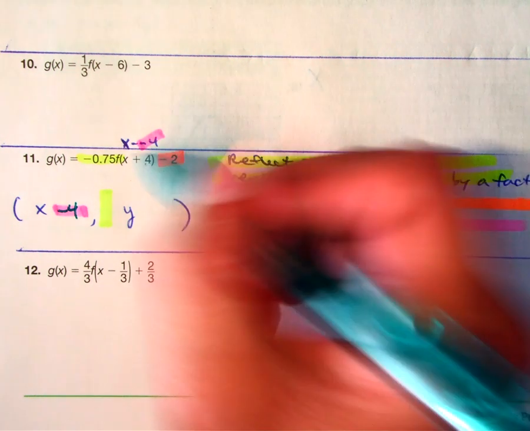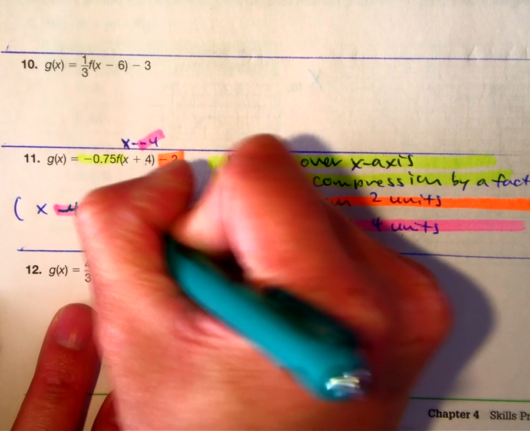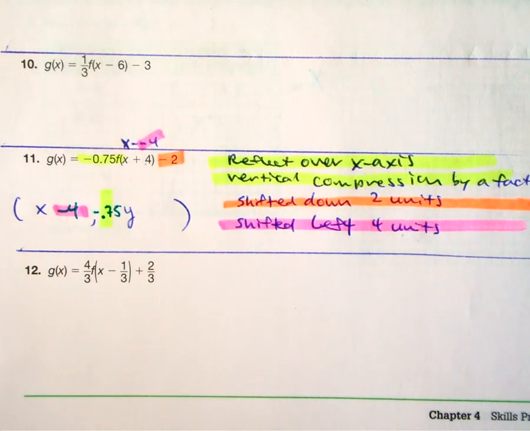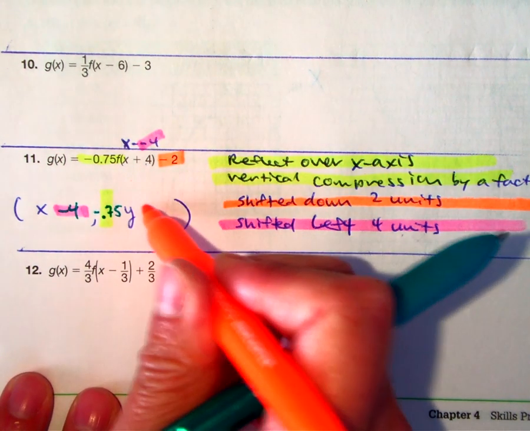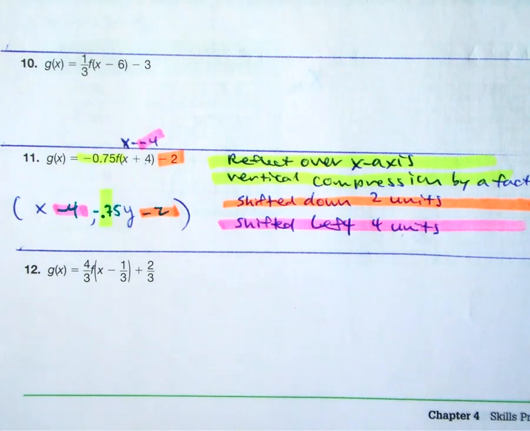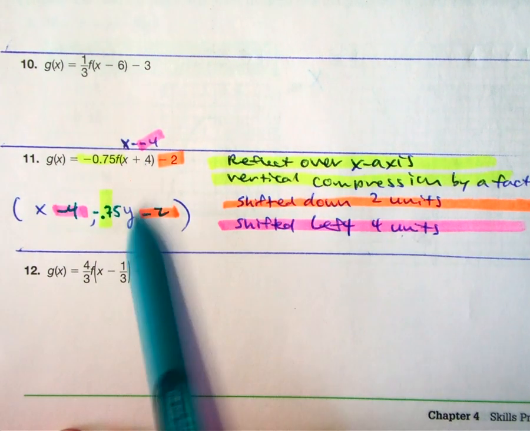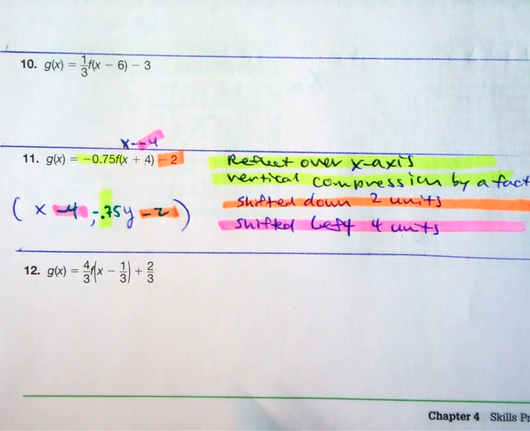So that'll become negative 0.75. And then our orange value also affects the y values, which is minus 2. So in this problem, basically in words, I'm telling what's happening to the graph. And then the rule that I'm creating can change my table of values.